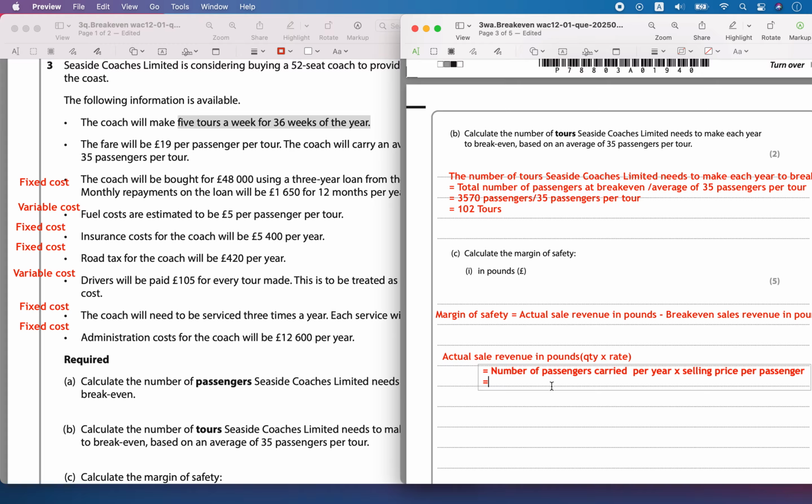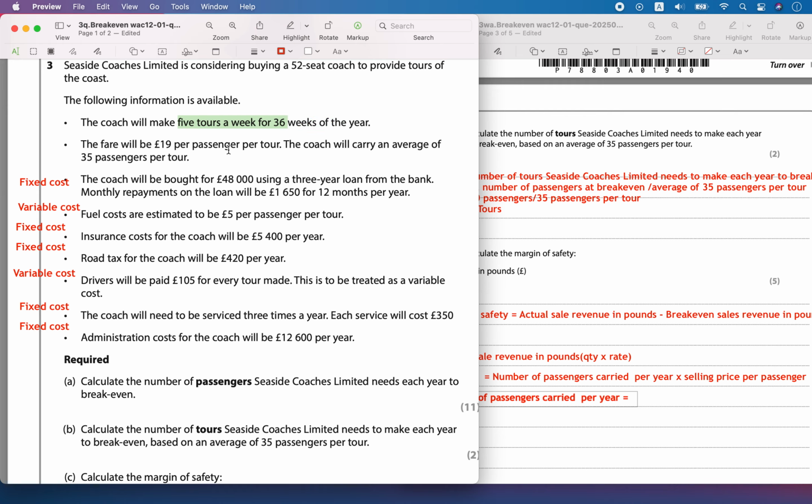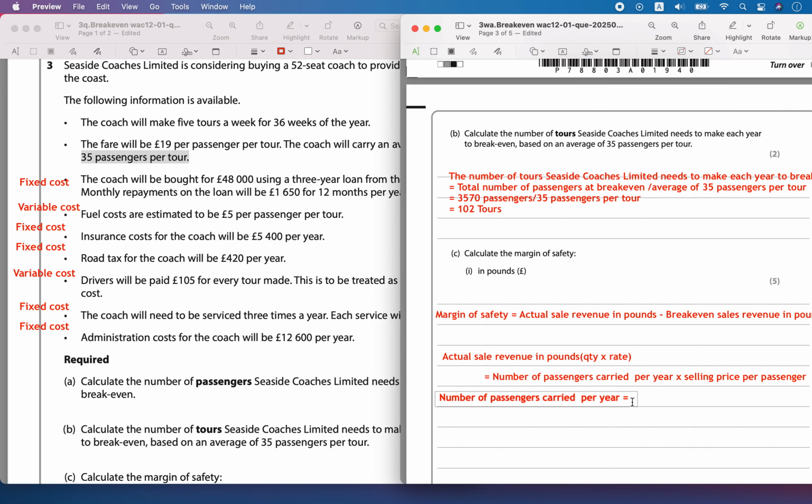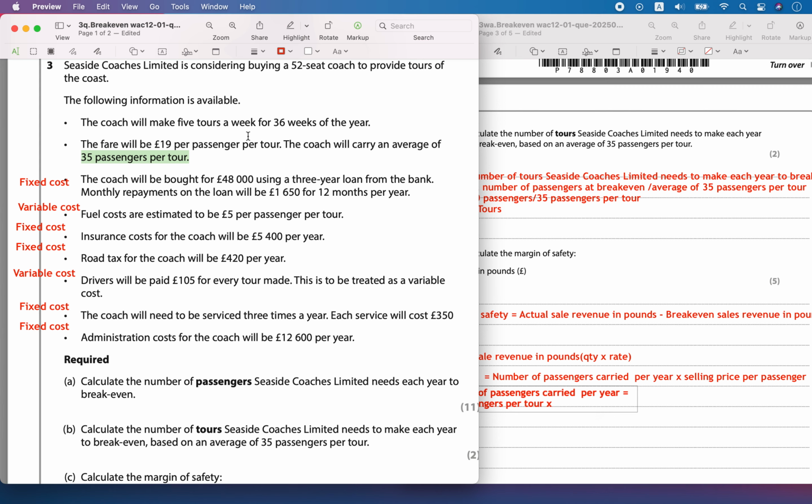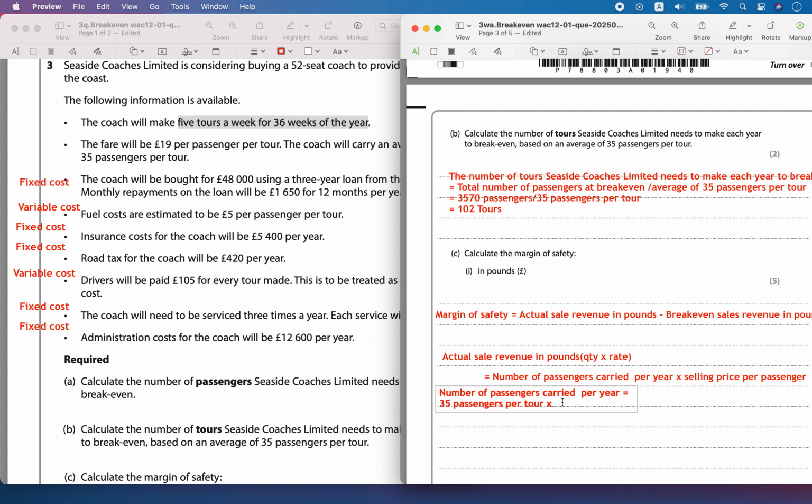In one tour there are 35 passengers, and they make 5 tours a week for 36 weeks. So that is 35 times 5 times 36, which is the total number of passengers they are carrying.